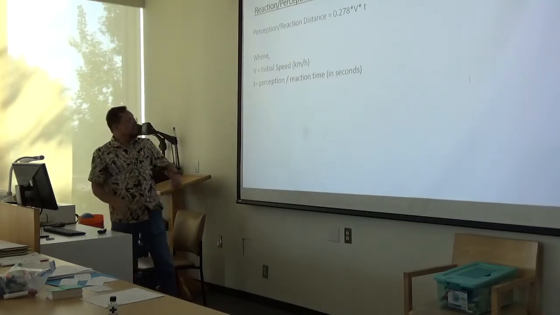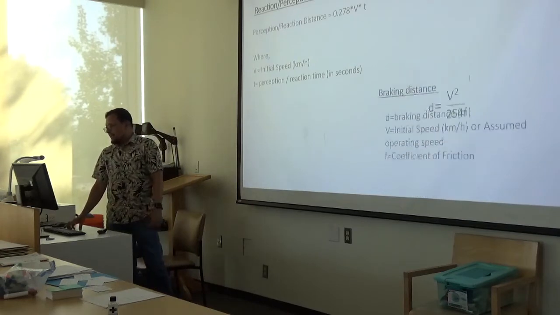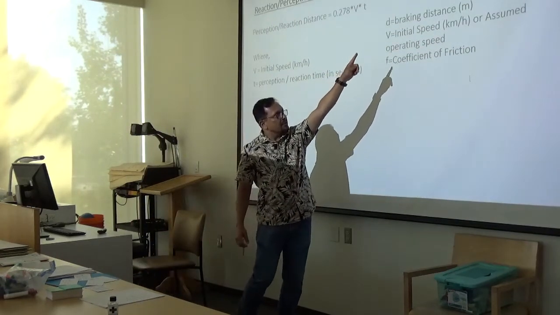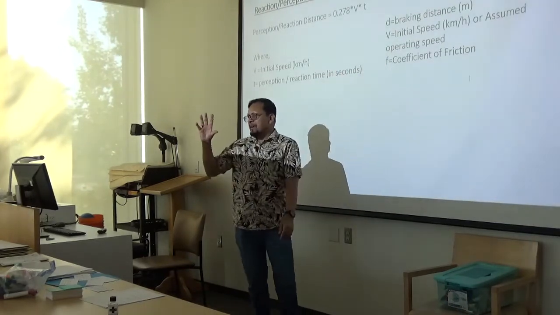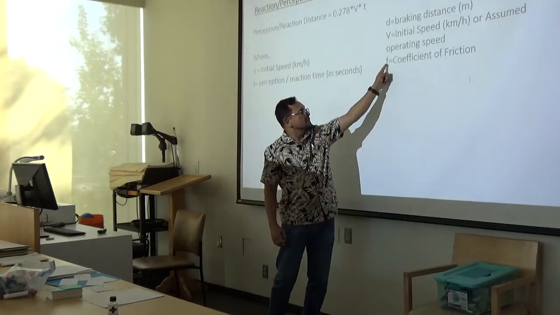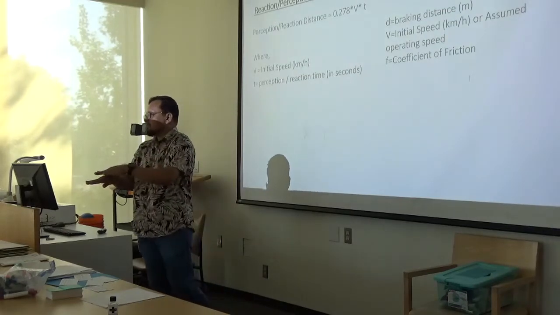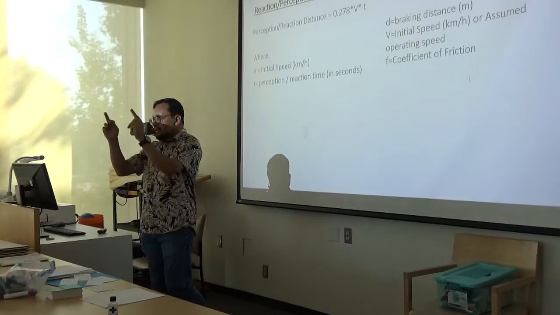So the perception distance you can calculate with 0.278 V T, and for braking distance, this is another formula, V squared over 254 F. These are empirical formulas, I will not go deep into the formula, but you should know F is the friction between your car and the road. Friction factor, how will you get it? You will get it from the TSC manual.